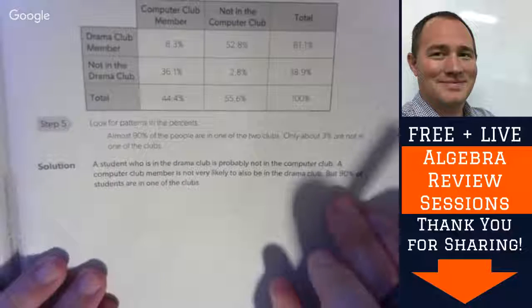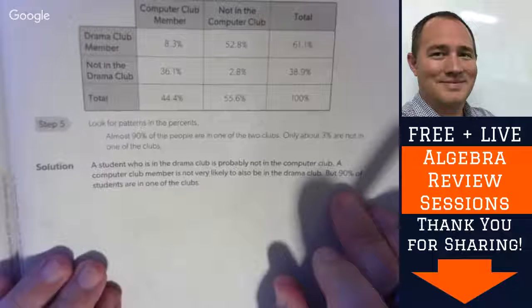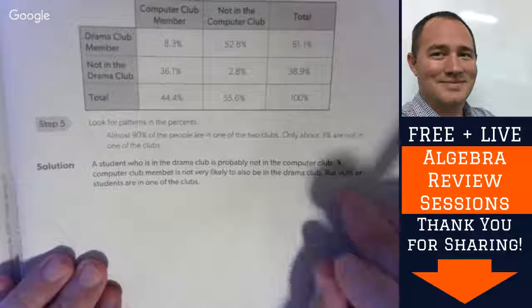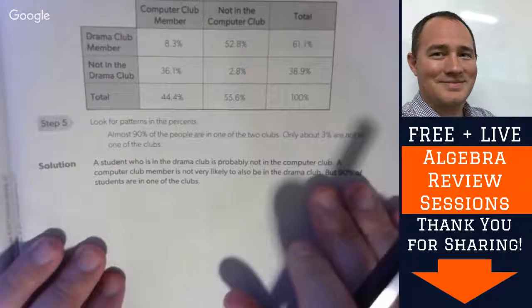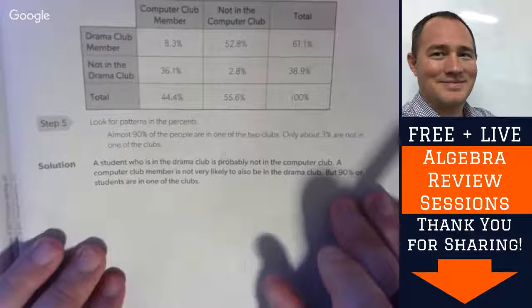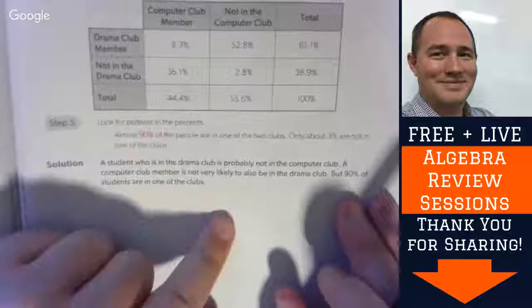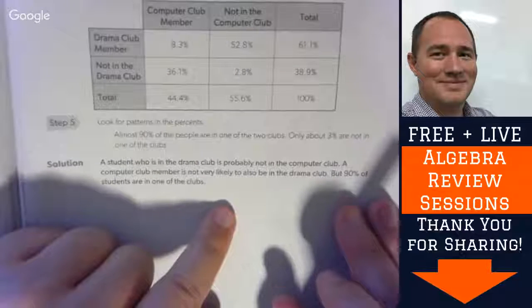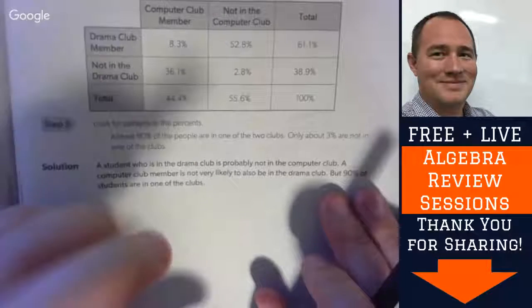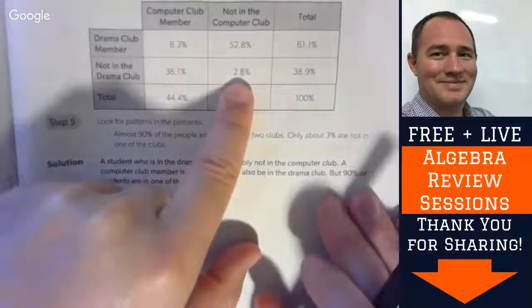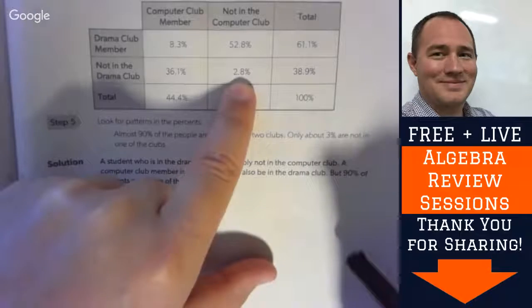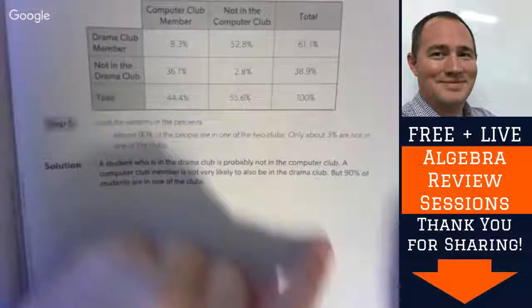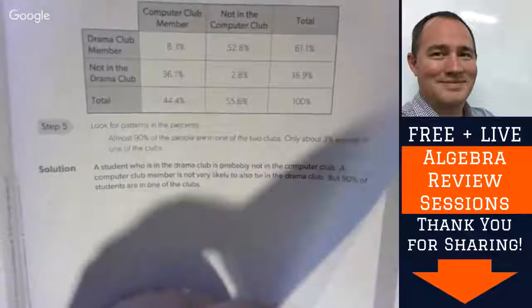You'd want to go with the highest number you could find, and say that actually 97% of the students are interested in at least one club, right? Because it's only 2.8% that want nothing to do with any club at all. The other 97.2% are in one or both clubs.